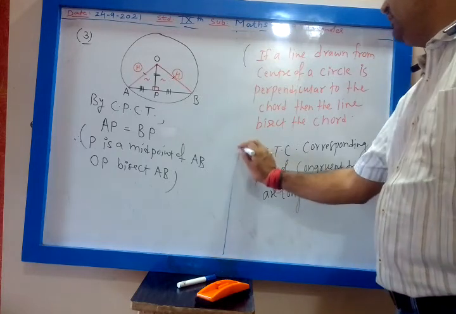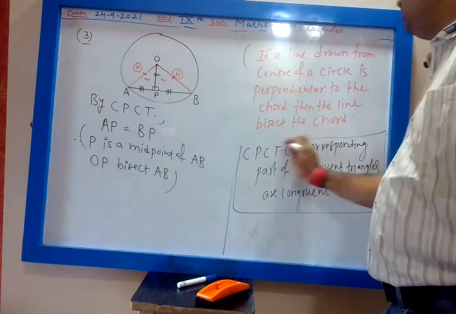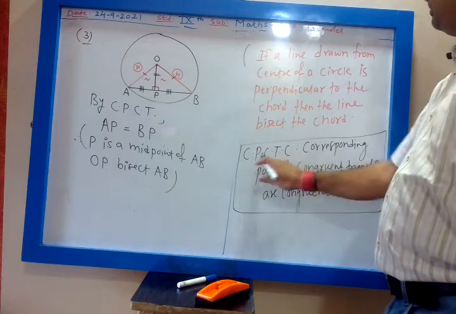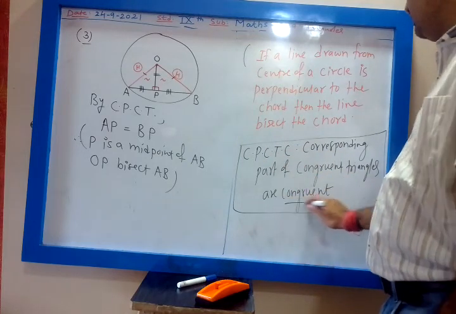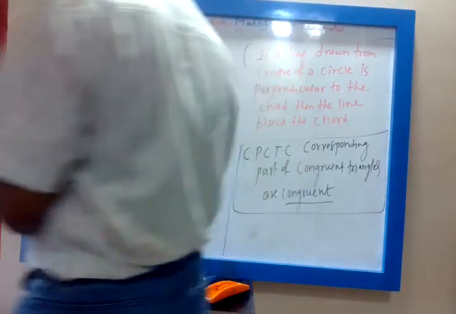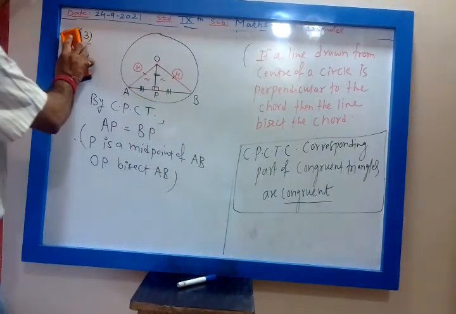In some of the textbooks they have written congruent parts, in some other textbooks they have written corresponding parts. So corresponding parts of congruent triangles are congruent. CPCTC. Okay.